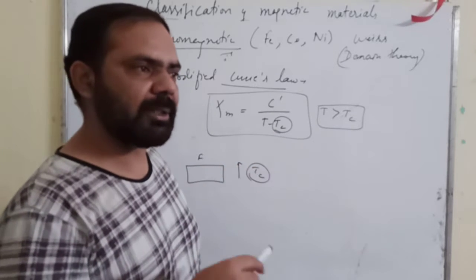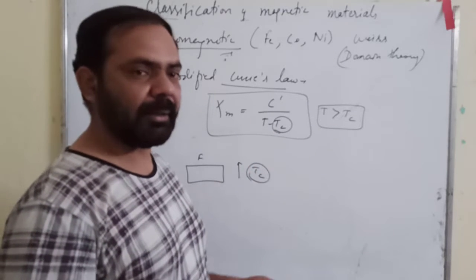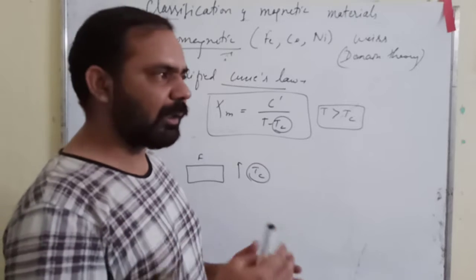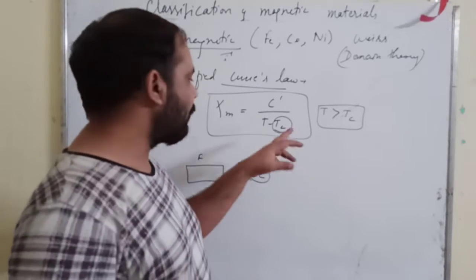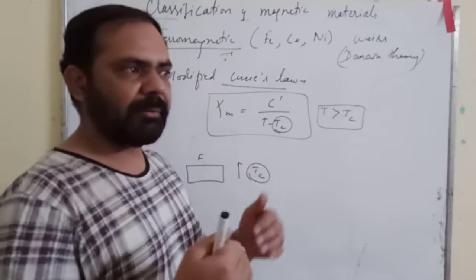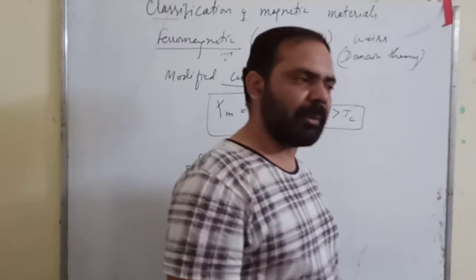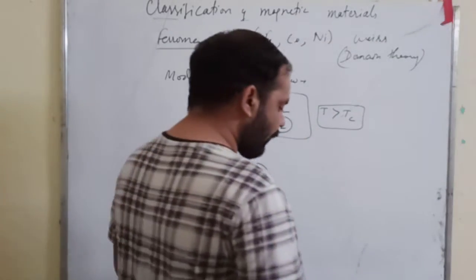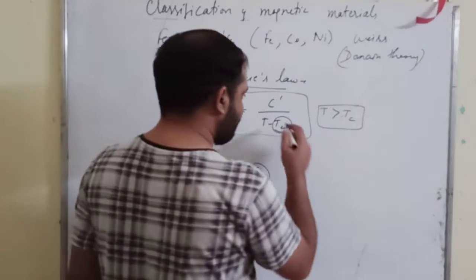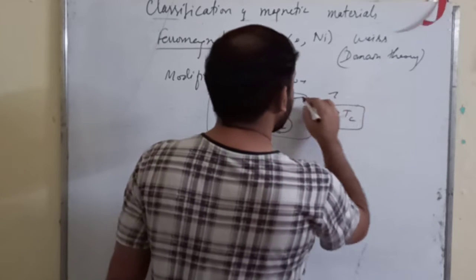Here it is not inversely proportional to the absolute temperature, rather it is inversely proportional to the absolute temperature in excess of the critical temperature. Means whatever is the critical temperature, after that how much temperature it has, it depends on that, right?